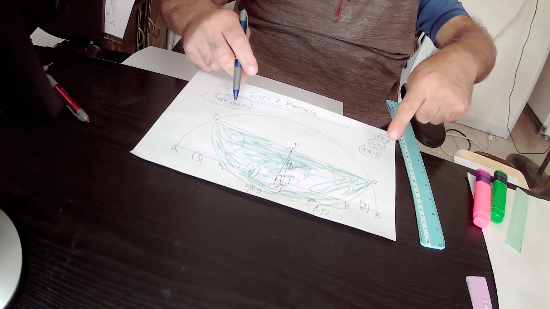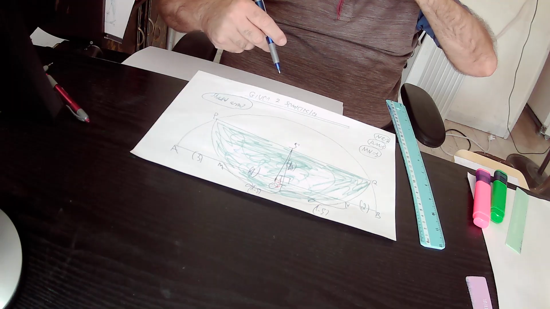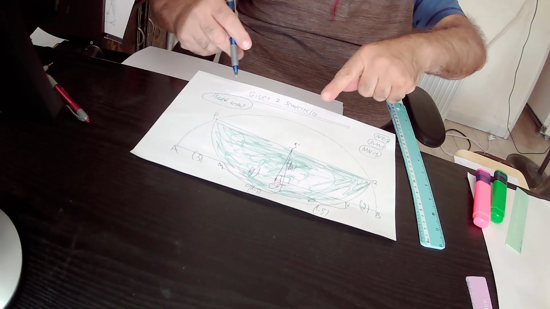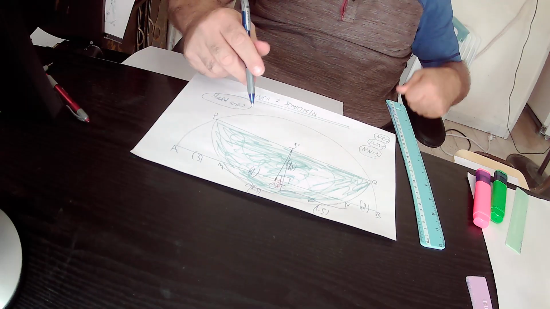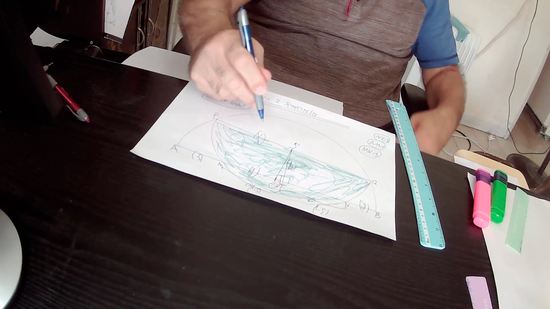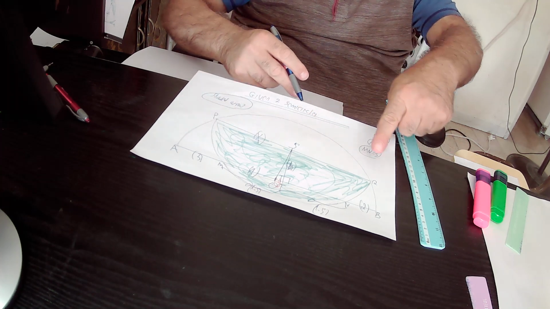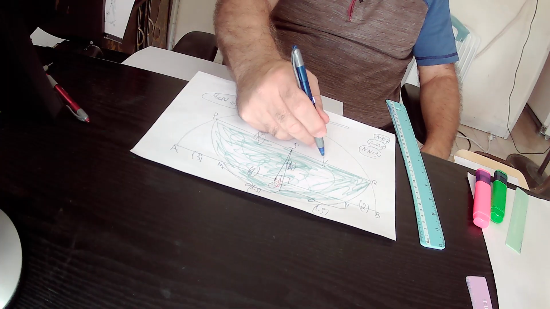Because PQ is the diameter of this semicircle. So the first half PS is the radius of the semicircle, which equals X according to our definition. The second half is SQ, also the radius of this small semicircle, which equals X according to our definition.